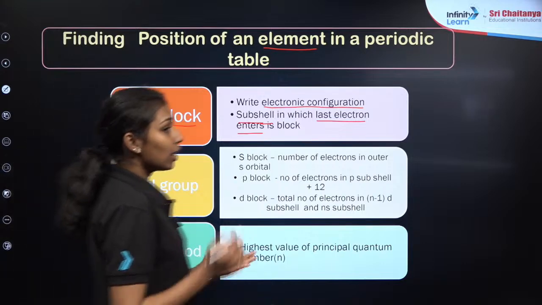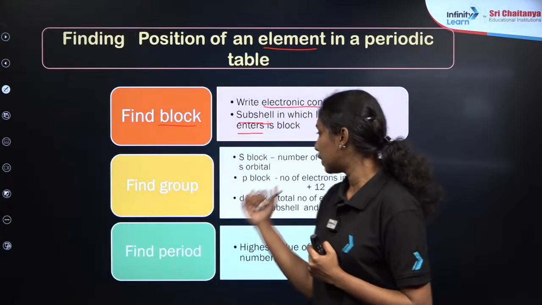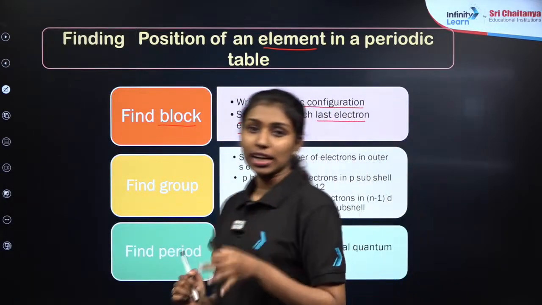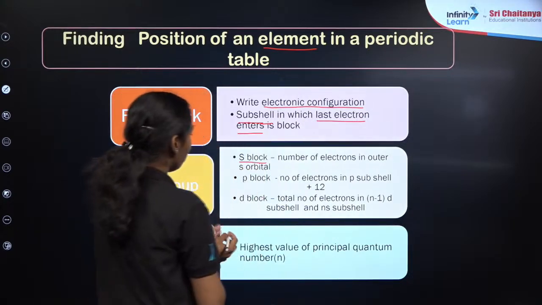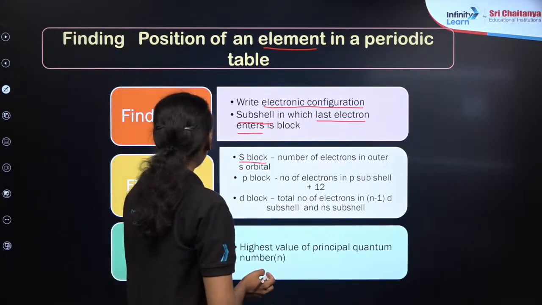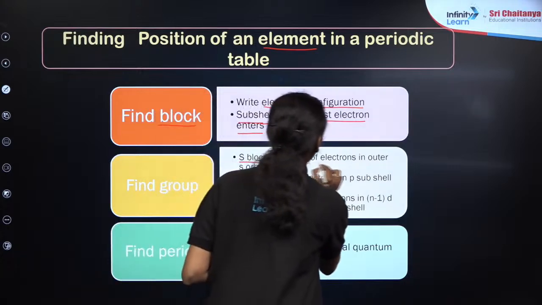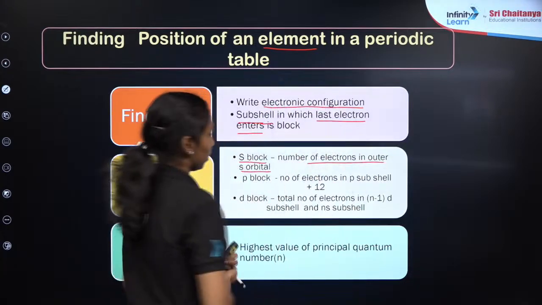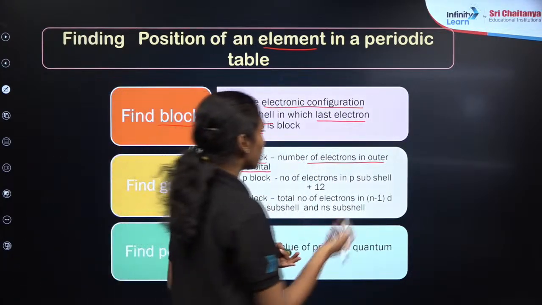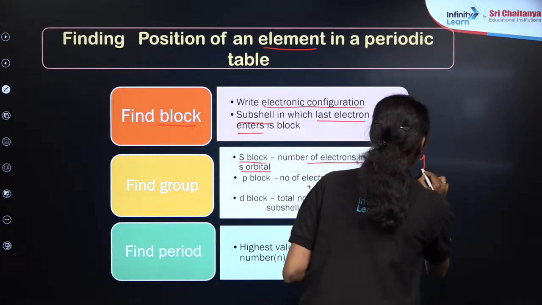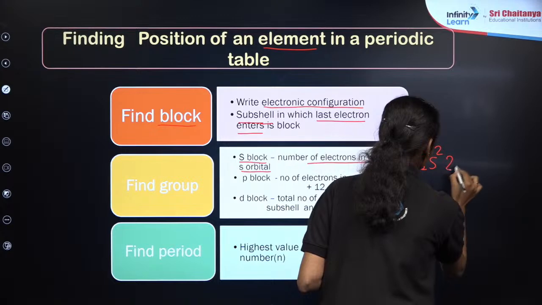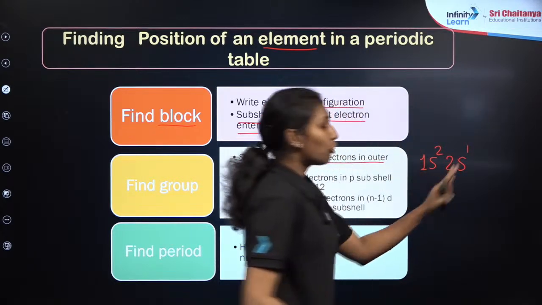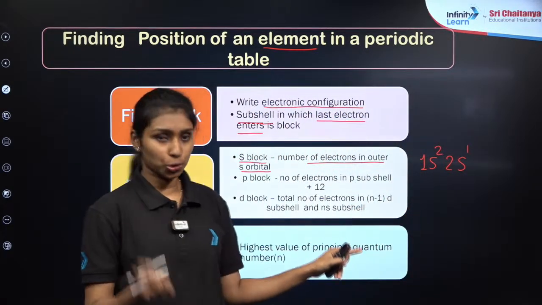Now, let me move to the group number. Finding the group number of the particular element. There will be 3 different classifications, right? If the element is an S block element, the group number will be the same as the number of electrons in the outer S orbital. For example, if I take an element having the electronic configuration of 1s2, 2s1.